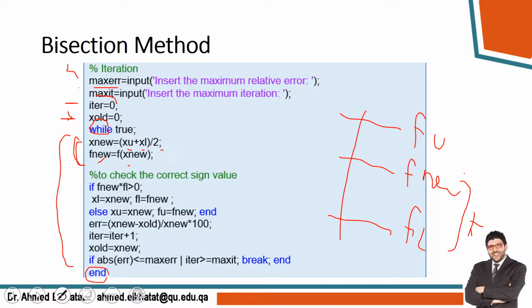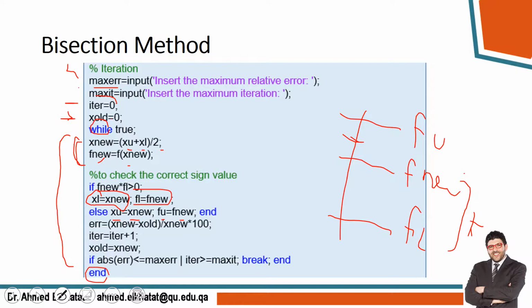So x l equals x new, and f l will be f new. Else, the opposite way, x upper will be x new and f upper will be f new. End. Okay, that's it.